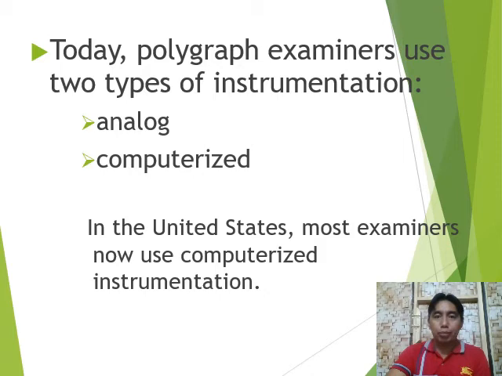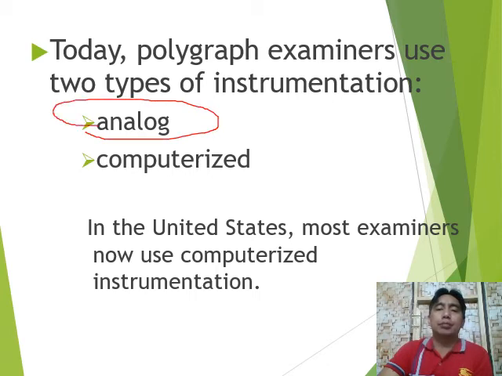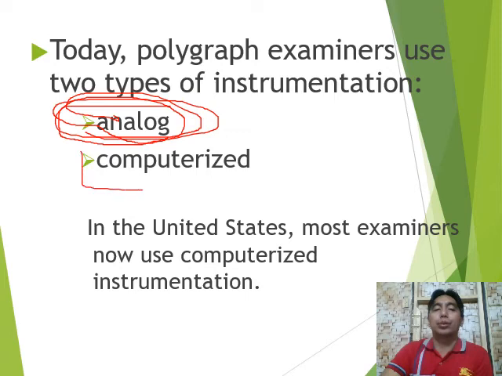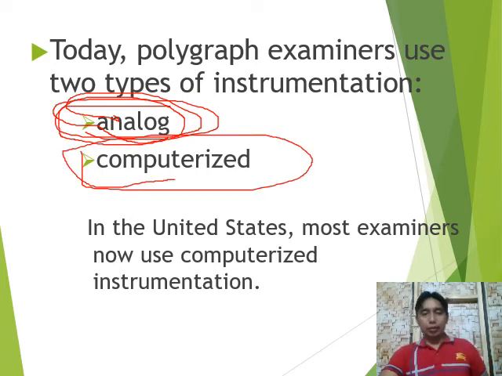Today, polygraph examiners use 2 types of instrument. So we have the analog. In other places they still use the analog, the old type, but I think not so much now. What we use, even the Philippines, which is considered a third world country, is already the computerized polygraph.